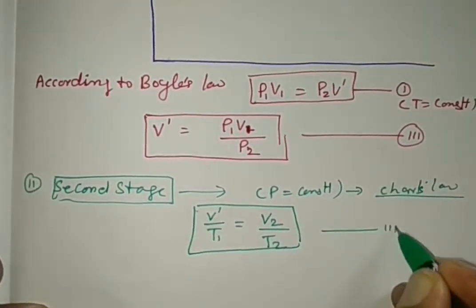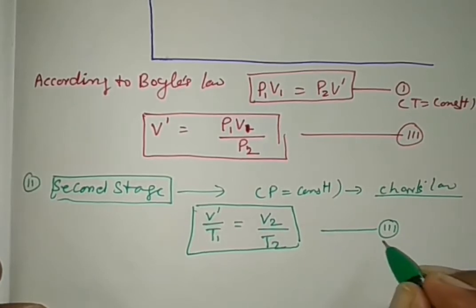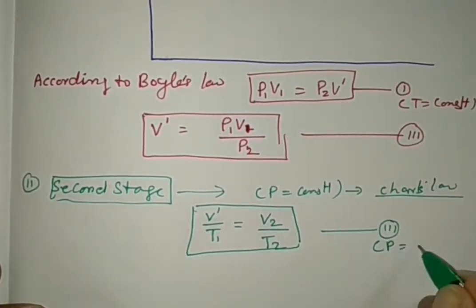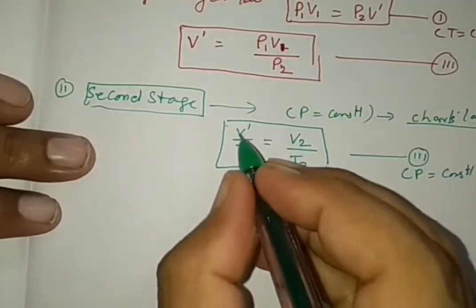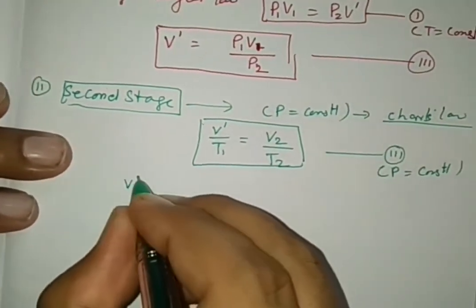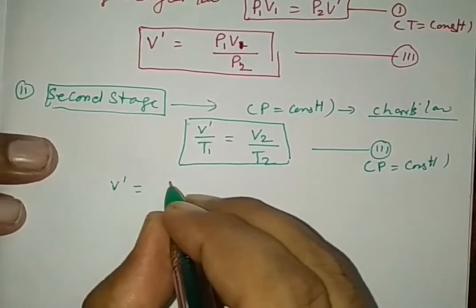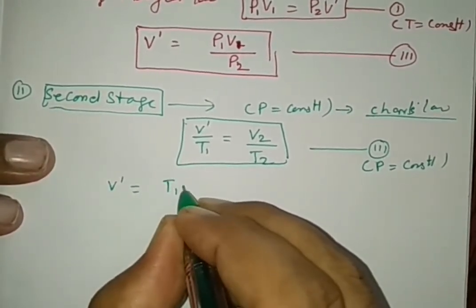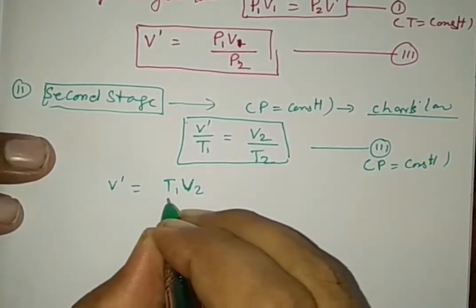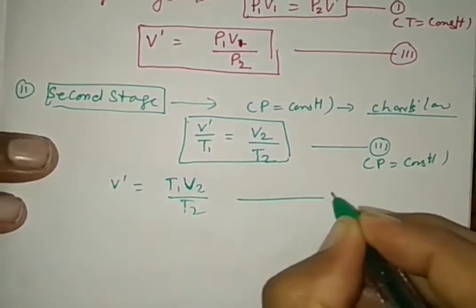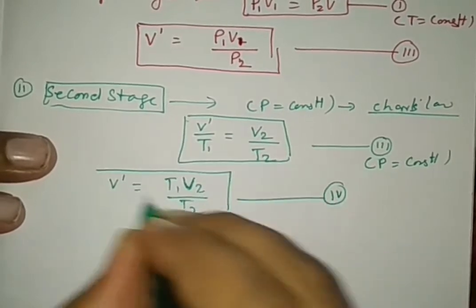Here is equation 3, in which pressure is constant. Now by equation 3 we may write V dash is equal to T1 V2 by T2. See equation 4.